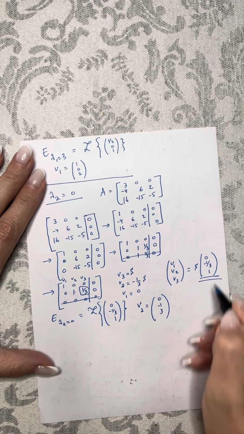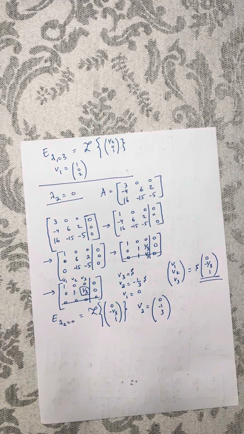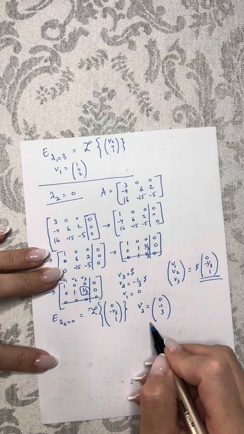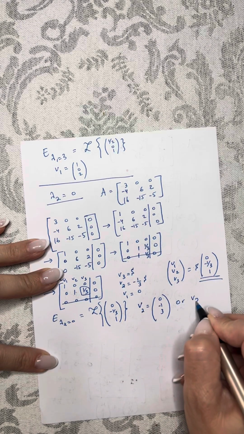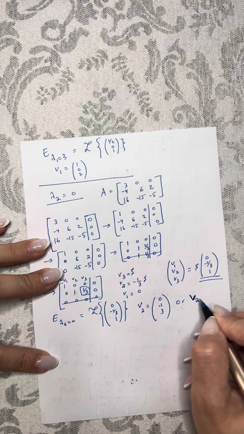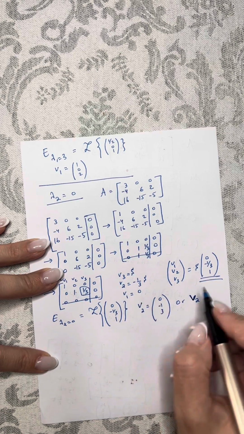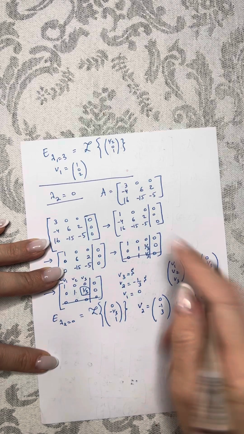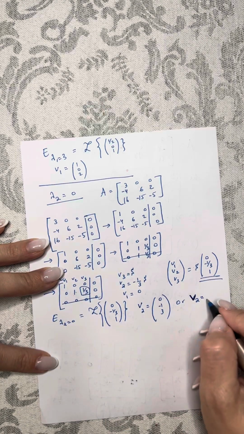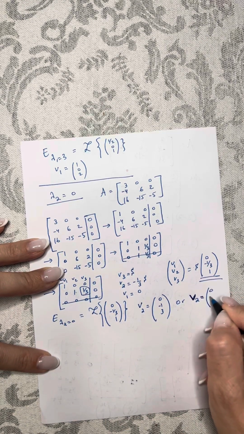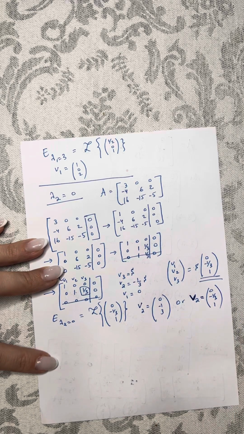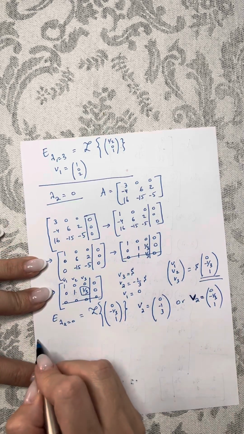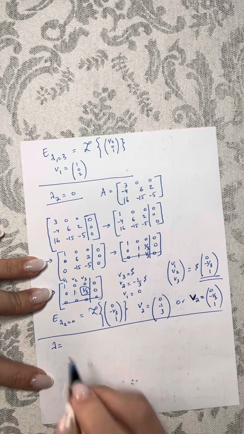And you can keep it like that if you don't want to multiply by anything. This can be a good representative. This V2 is not the same as this V2. This is a vector here, not a component. It's just saying I'm looking for the second eigenvector, which can be also this. You choose, it doesn't matter. So now for the third lambda, which was lambda equals 1.